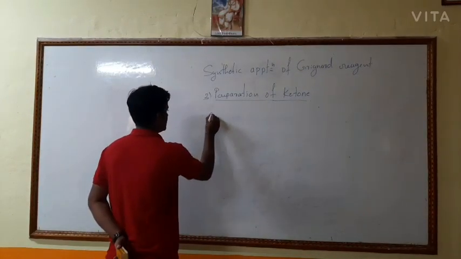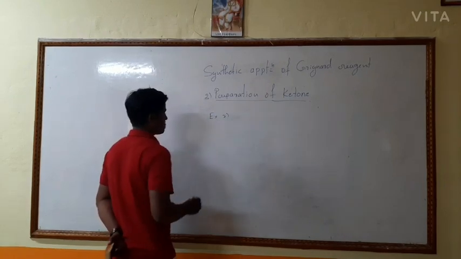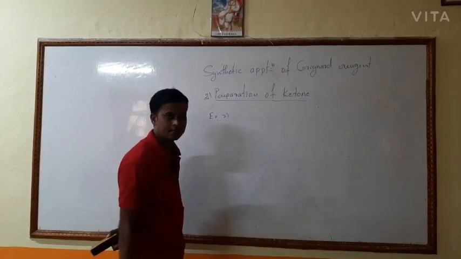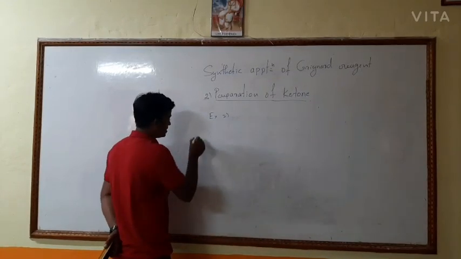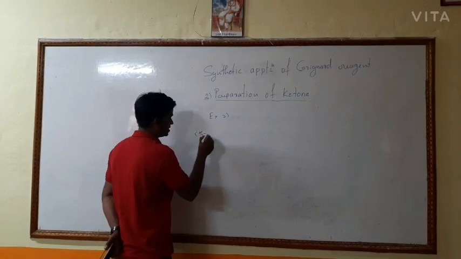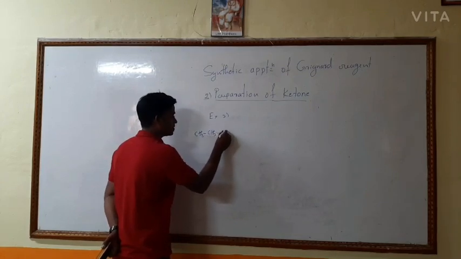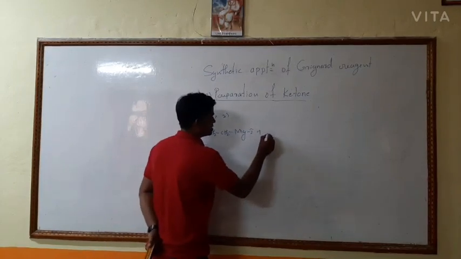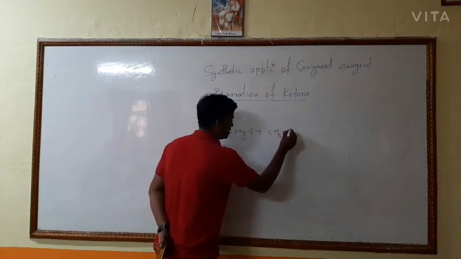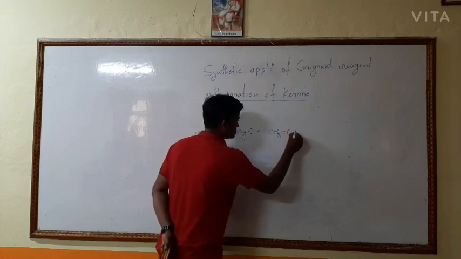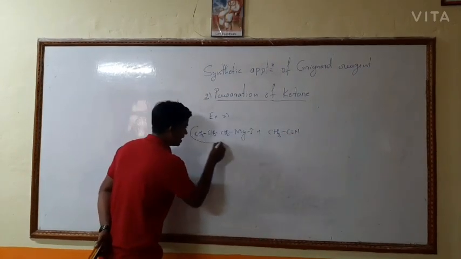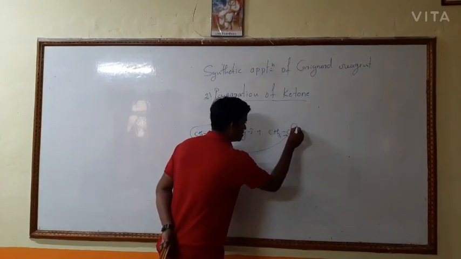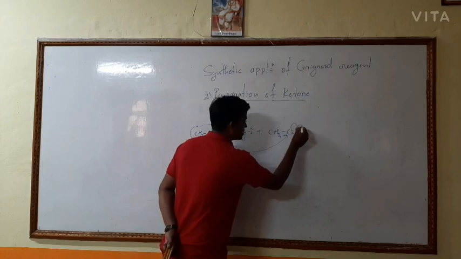Next, example number 2. Instead of methyl magnesium iodide, if you change the Grignard reagent to propyl magnesium iodide, CH3CH2CH2MgI, plus methyl nitrile, again the alkyl group of the Grignard reagent attacks the carbon atom, the pi bond is shifted to the nitrogen, and nitrogen gets a negative charge.